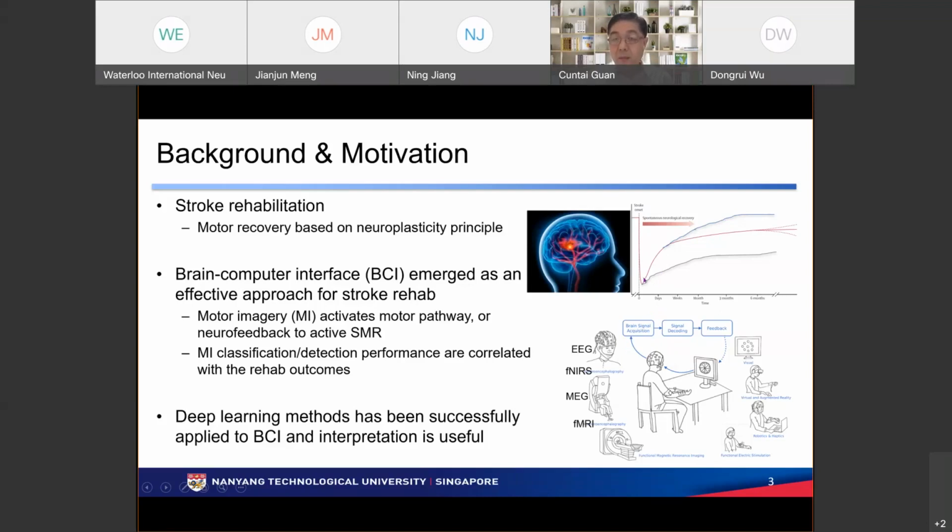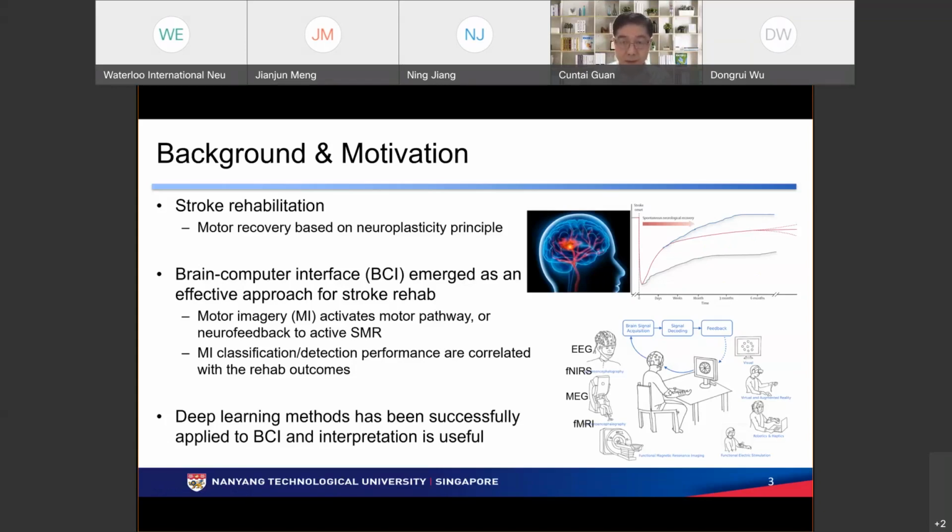Some may suffer longer, and some may take a long time but get closer to normal recovery. It depends on many factors. In general, 30% to 35% of patients will come to this group. That means they have to spend a long time going through rehabilitation, either occupational therapy or physical therapy, to recover their motor functions.